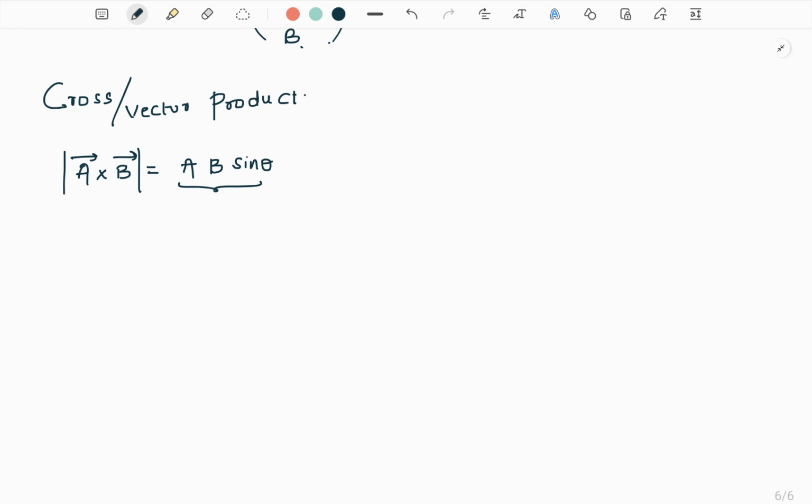In order to find the direction of the cross product, we can basically use right hand thumb rule. Let's say we have two vectors something like this, and I wish to find the direction of A cross B. So in order to find the direction of A cross B, follow the following steps.